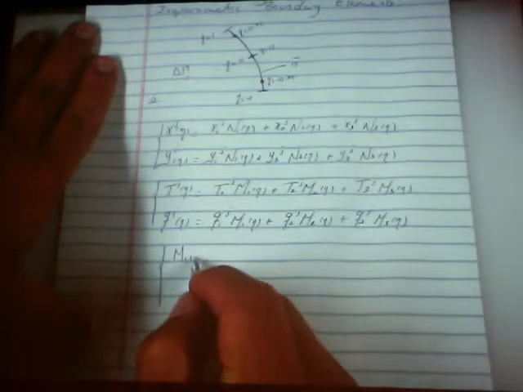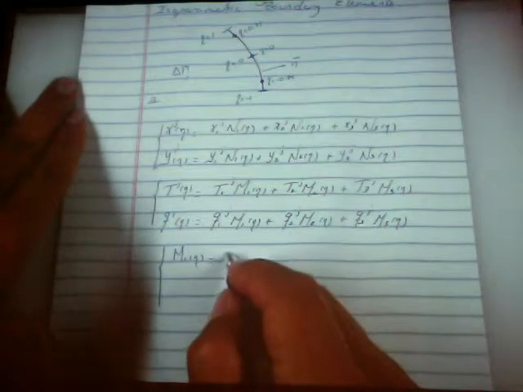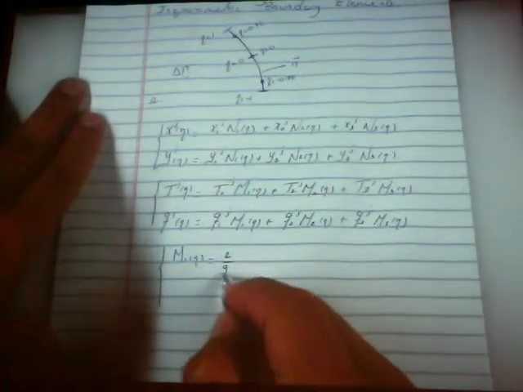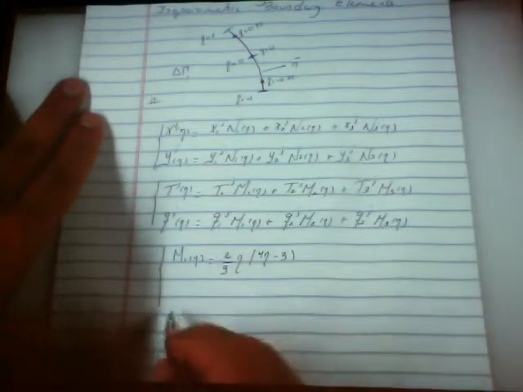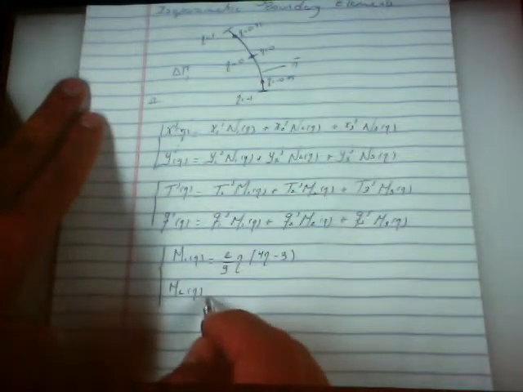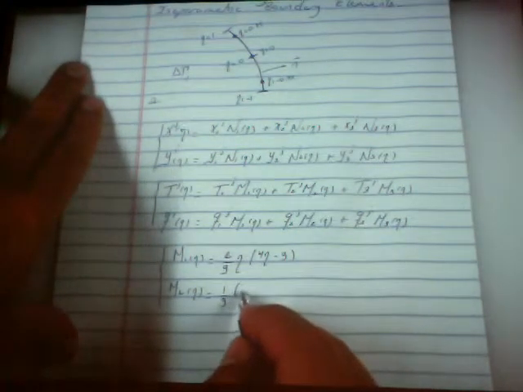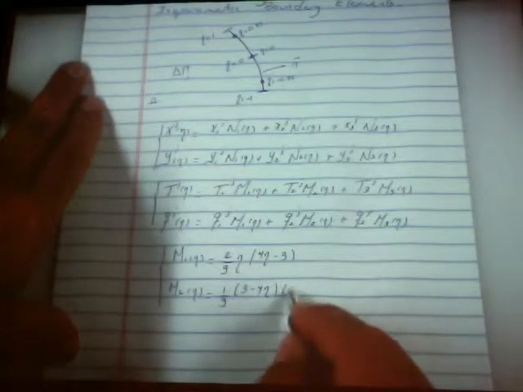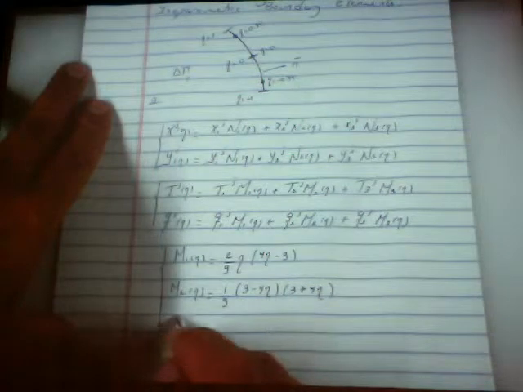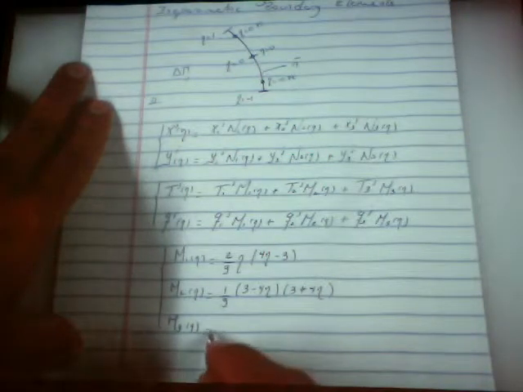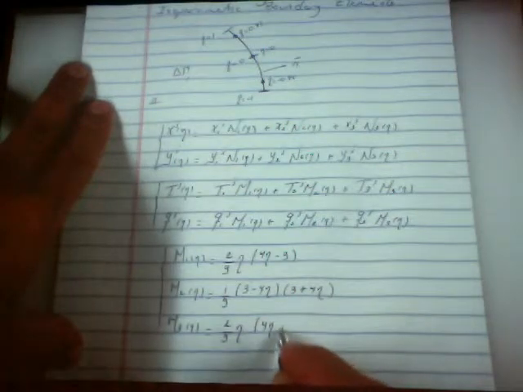M1 of eta equals 2/9 of eta (4 eta minus 3), M2 of eta is equal to 1/9 of (3 minus 4 eta)(3 plus 4 eta), and M3 is 2/9 of eta (4 eta plus 3).